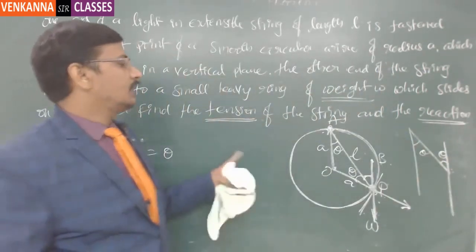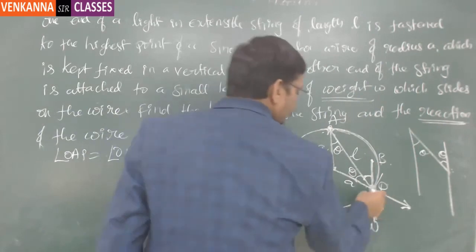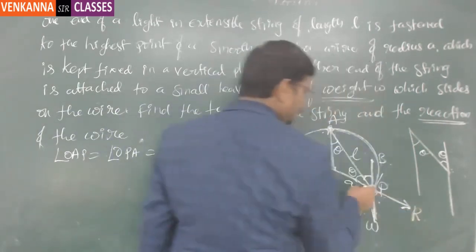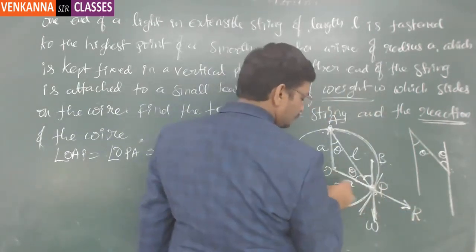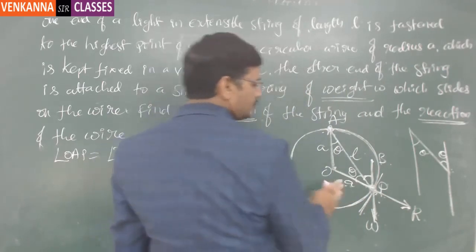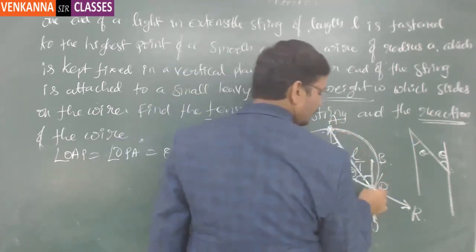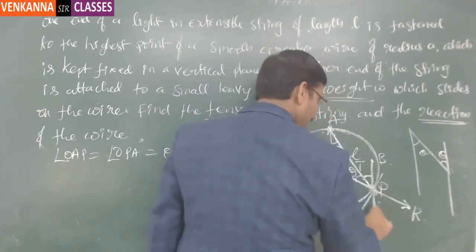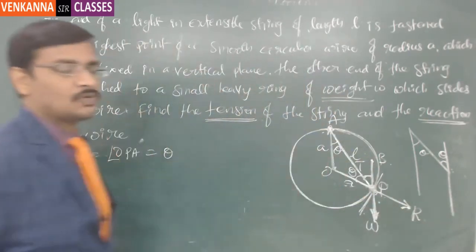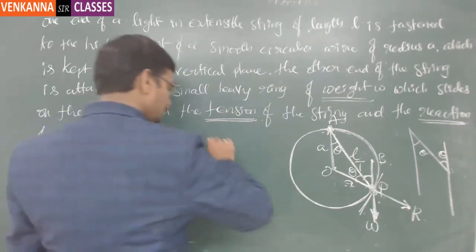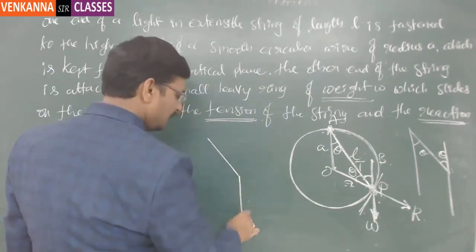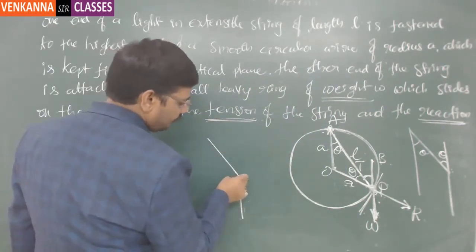Now here actually our goal is to find out this reaction R and this tension T. So tension is on the string. So this is the string and this is the reaction direction. This is the weight direction. So there are three different forces now. One is this direction, another is this direction, another is this direction.